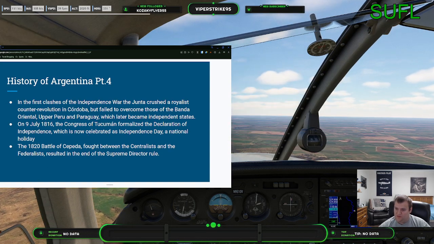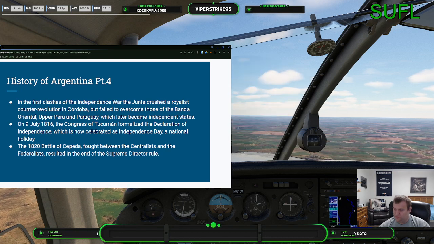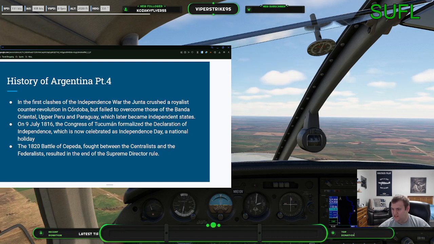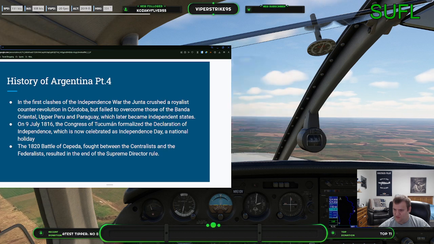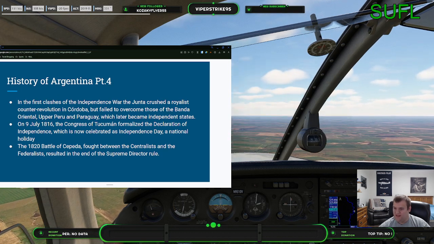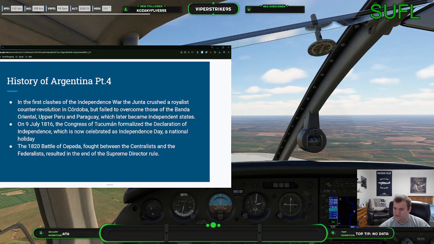Then there were more revolutionaries after the war, as Argentina split into two groups, and it became part of the first two decades of Argentina's independence.